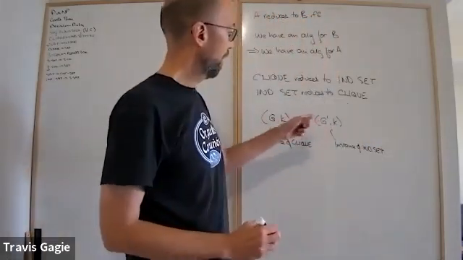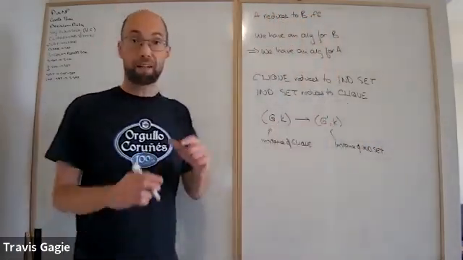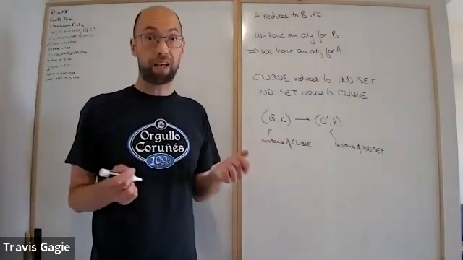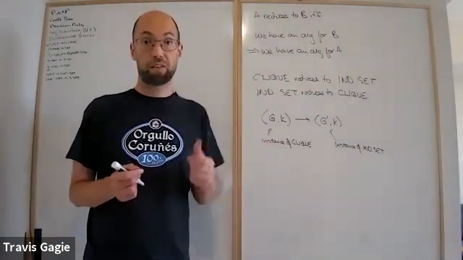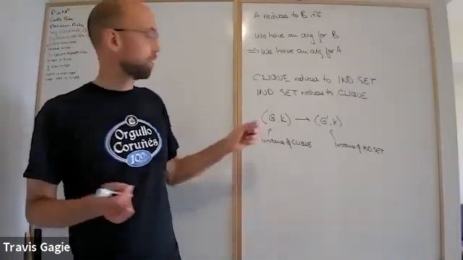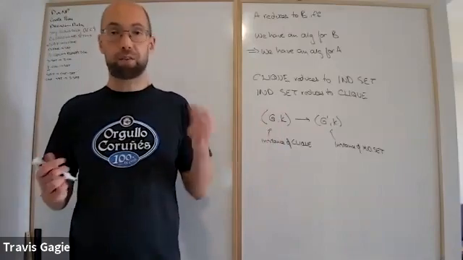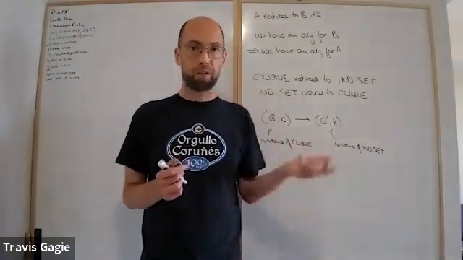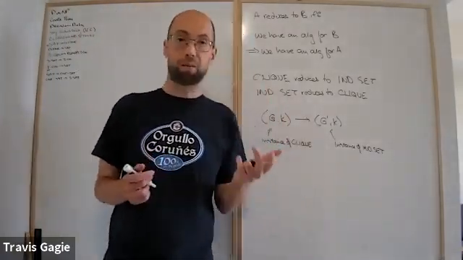And we ask, does G prime have an independent set of size K? So originally somebody asked us, does G have a clique of size K? And we say, oh, well, we don't have an algorithm for clique, but we do have an algorithm for independent set.